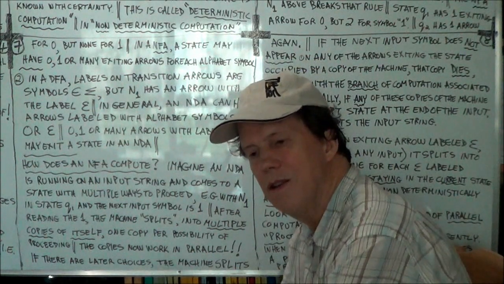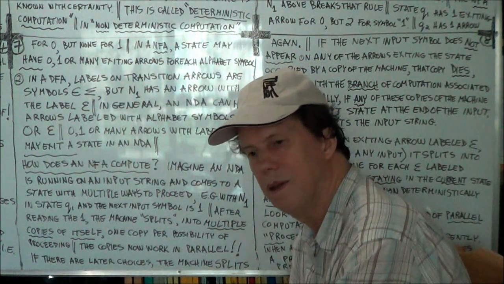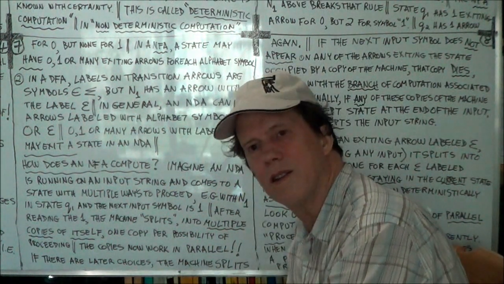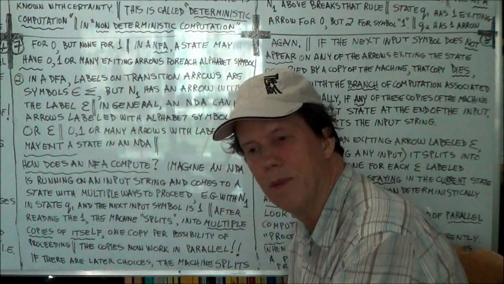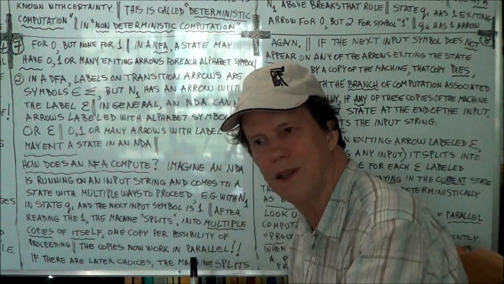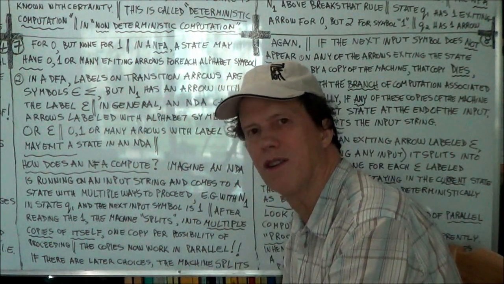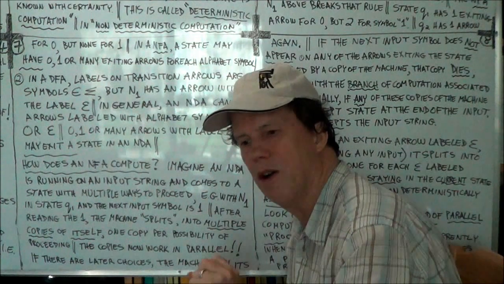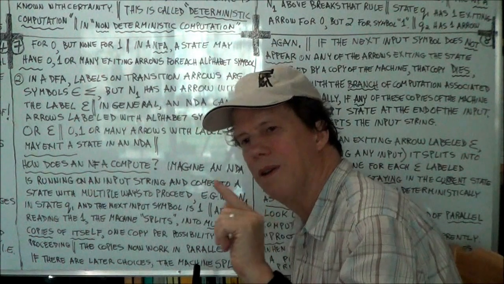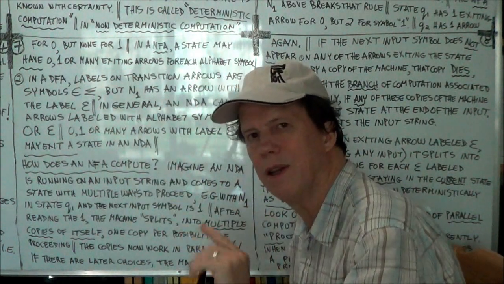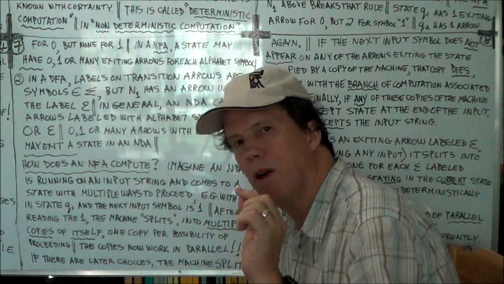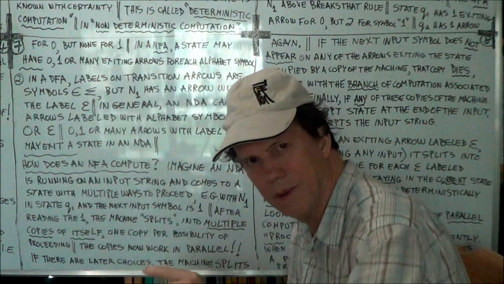So in a sense, you can say that non-deterministic computation is, you can look on it as a kind of parallel computing, right? Because in a sense your machine forked, it split into two, and sort of magically made a copy of itself. And one copy went down one path, if you think of the state diagram as a graph, and the other copy of the machine went down the other path.